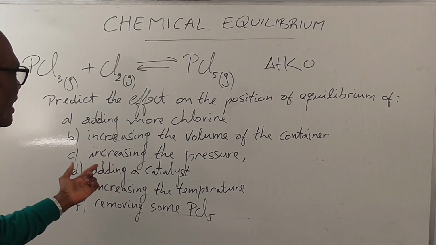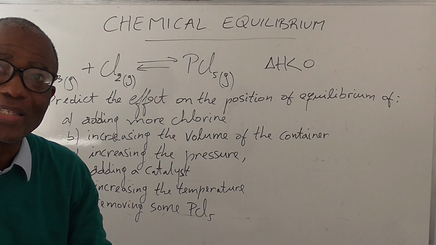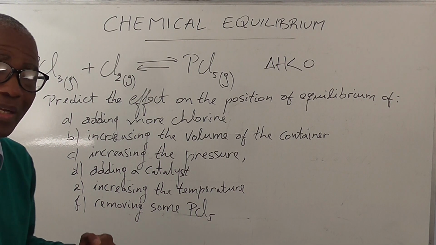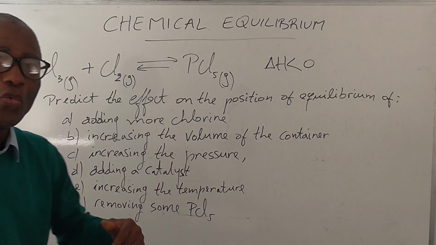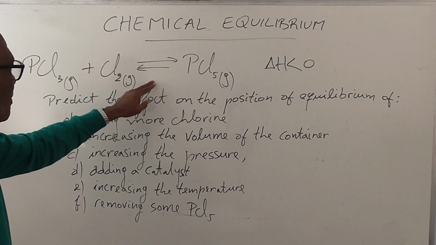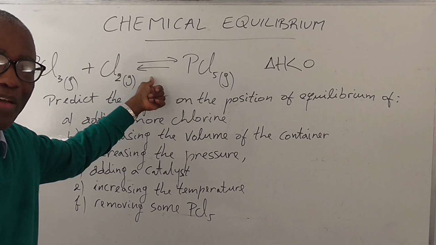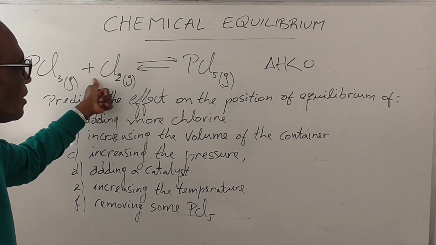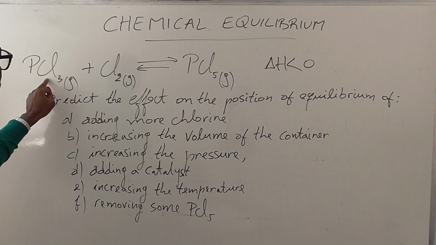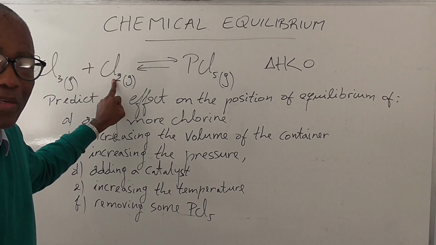In our case, the volume is increased, so we reduce the pressure, and the equilibrium will shift to the left, producing more of the reactants.